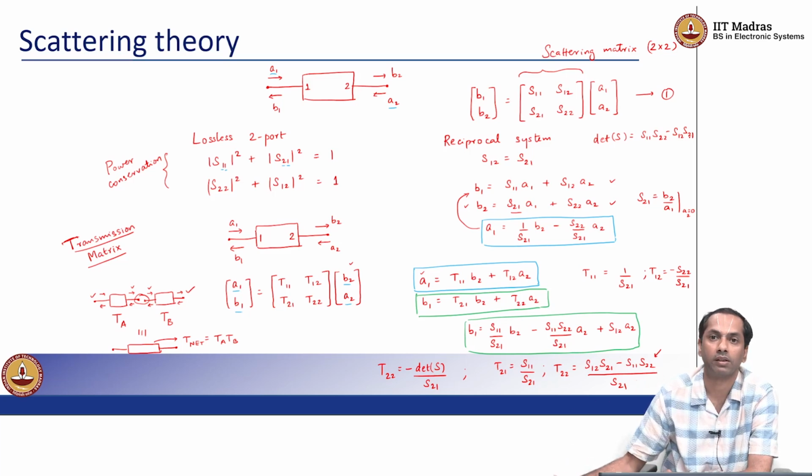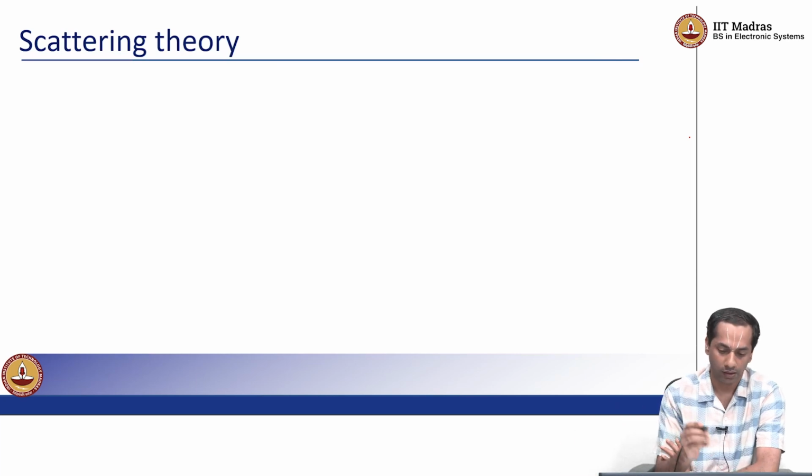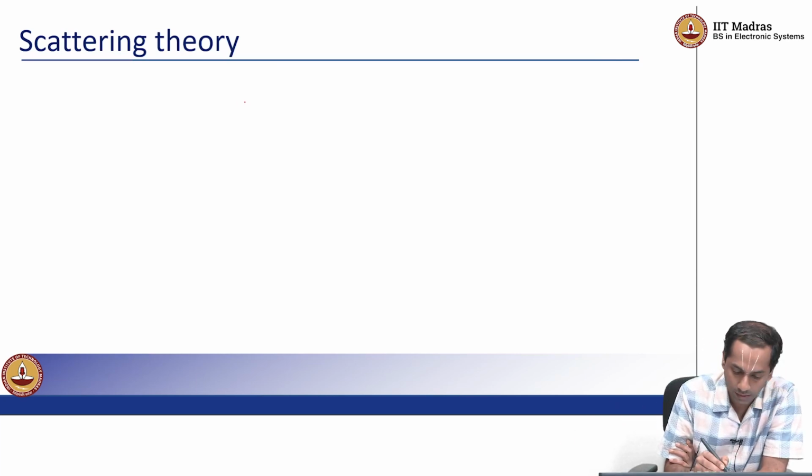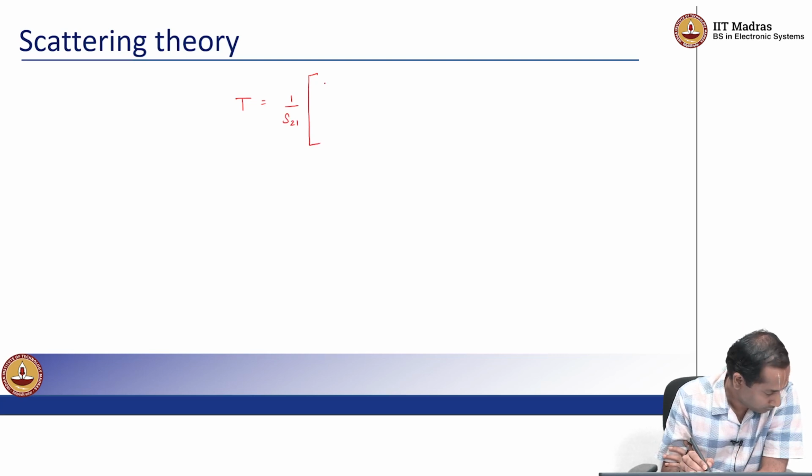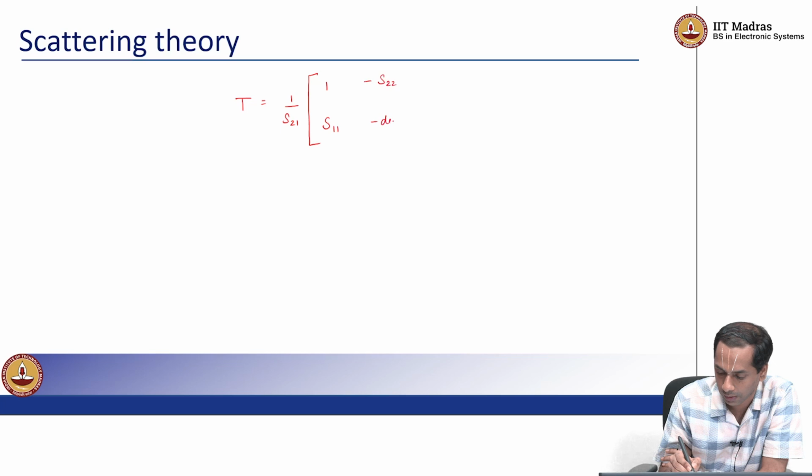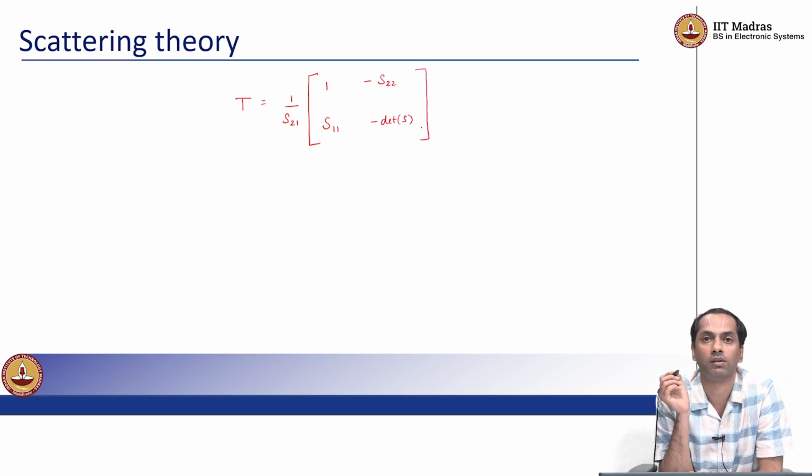So let us formalize this. The T matrix in terms of S parameters becomes 1 by S21 times the matrix with rows 1, S11 and minus S22, minus determinant of S. Even if you don't remember this, you know how to derive it.